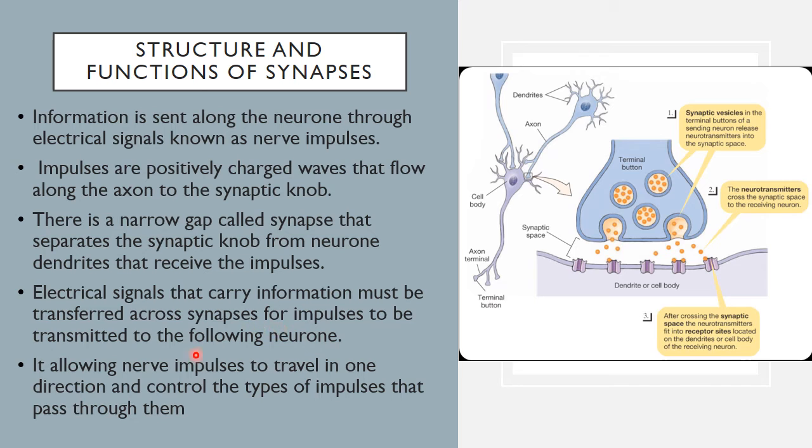Synapse plays an important role where it allows nerve impulses to travel in one direction and also control the types of impulses that pass through them.